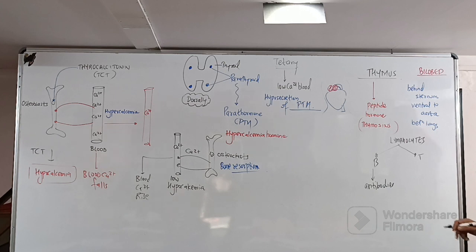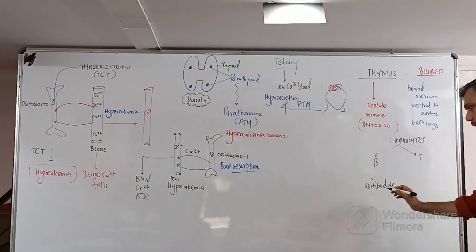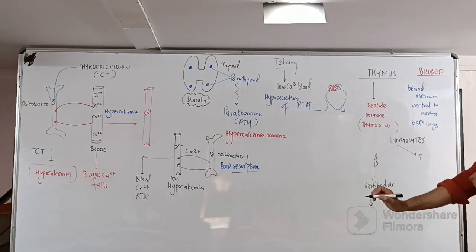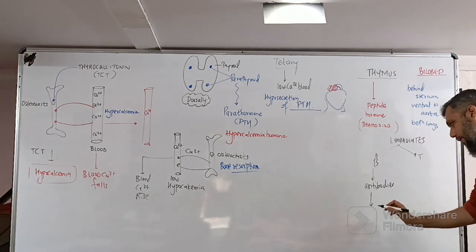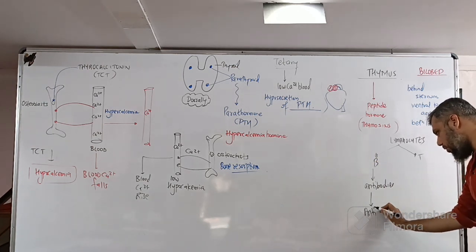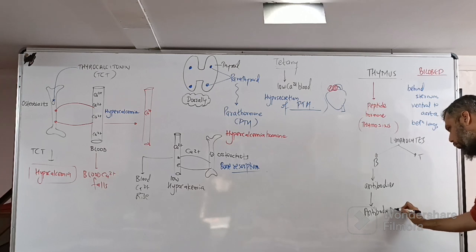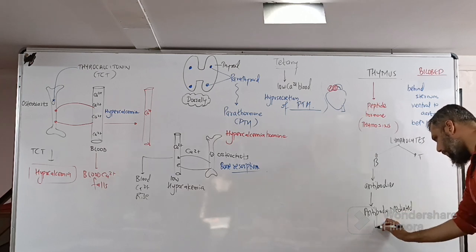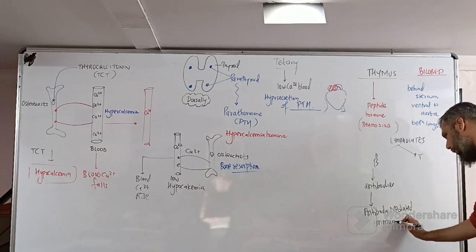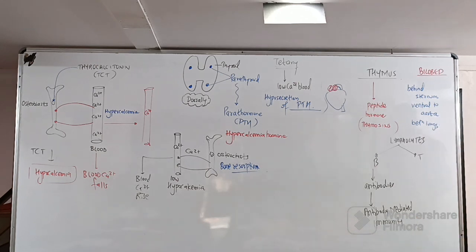Okay, and these antibodies are released in your body fluids, and the body fluids are called humor. What do we call it? Humor. In Latin, the word is humor, but the plasma and all is called body fluids. So the protection you get from antibodies is called antibody mediated immunity.